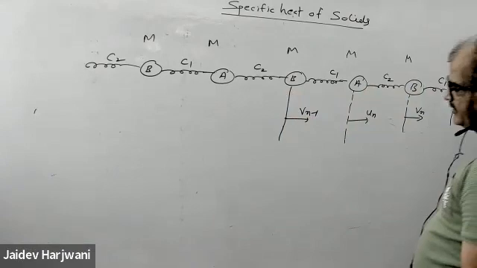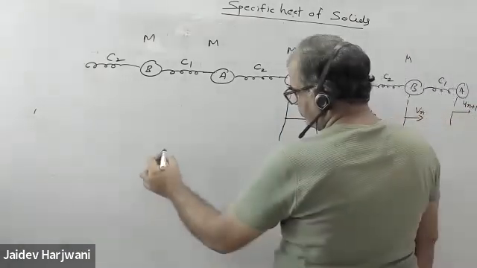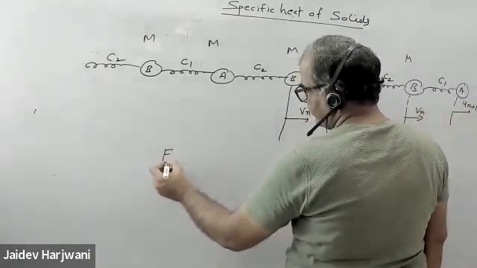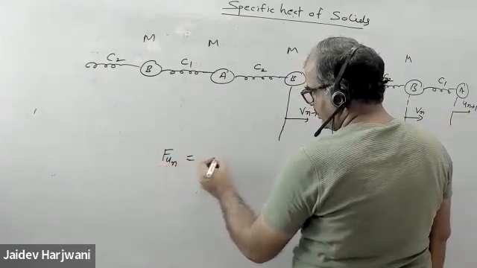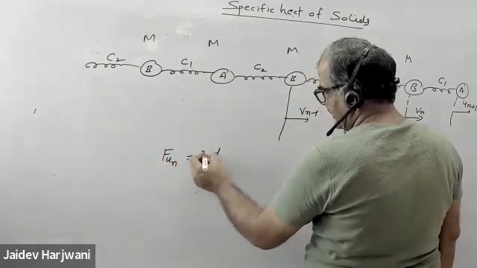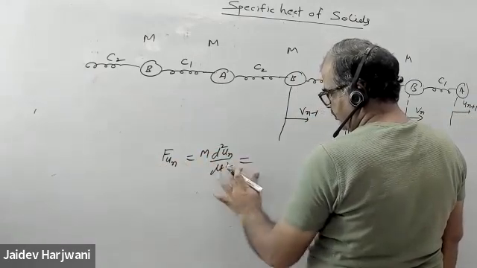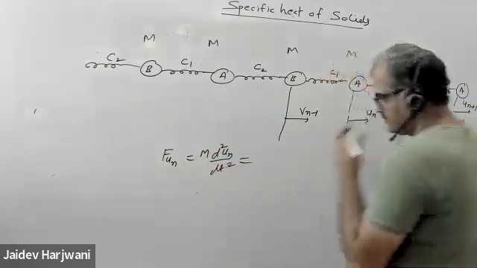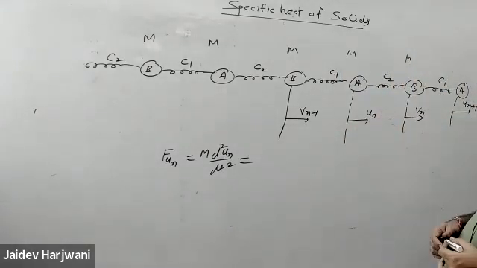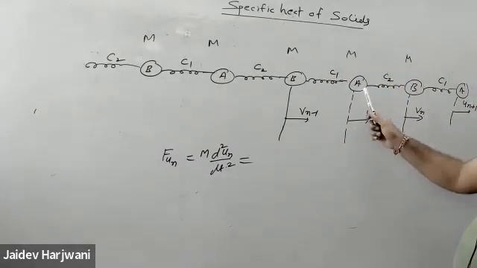Now I want to write the force equation for Un. The force on Un is m d2 Un upon dt square. So tell me the expression of the force on this one.